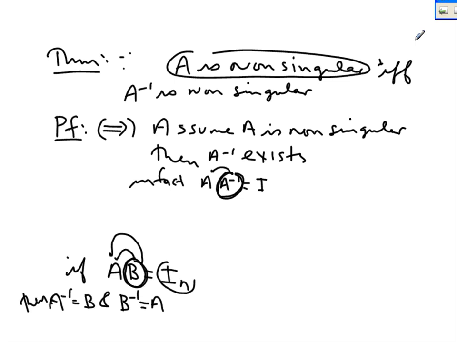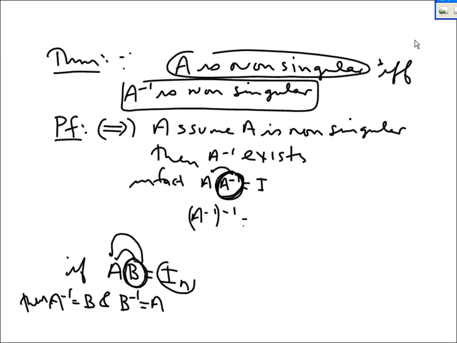Actually, I want to say the other one. Okay, hold on. Let's see. I want to show that A inverse has, okay, I want to show that this matrix has an inverse. The inverse of that matrix is A. Why? Because the product is identity. I was right saying that whatever the second matrix is is the inverse of the first. No, that's not what I want to say. I want to say the inverse of that matrix is equal to the left matrix.